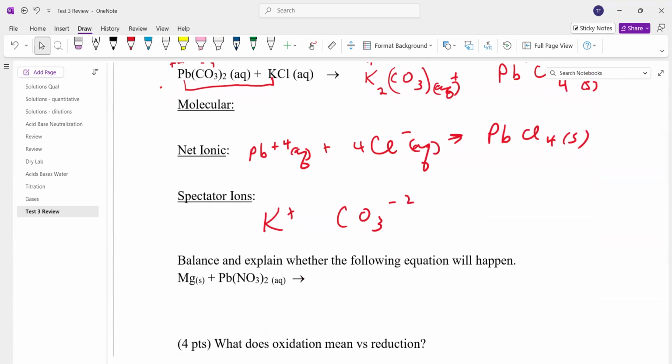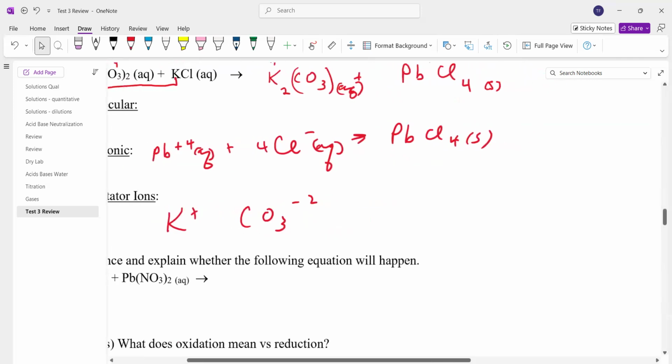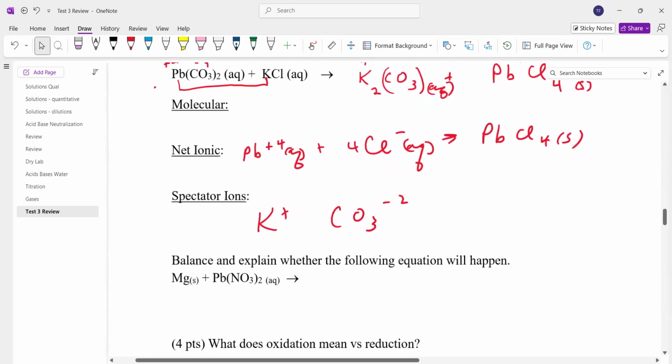Okay. So this involves a metal, which means it's single replacement. Single replacement, we need the activity chart. And I will give you that with the test, along with the common ion chart, by the way. And I don't have the reactivity chart in front of me. Does anyone have theirs out by any chance? I have one in this pile.